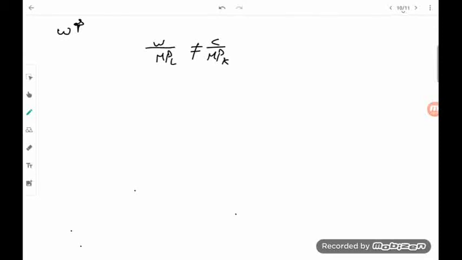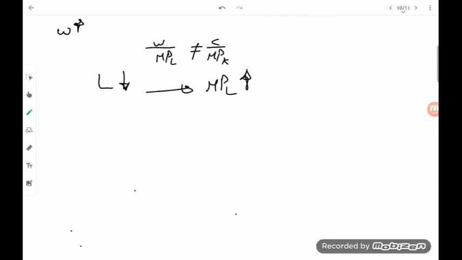So in this case, the firm will have to cut back the use of labor, or labor is going to decrease in order to increase marginal productivity of labor and return back to our profit maximizing condition.